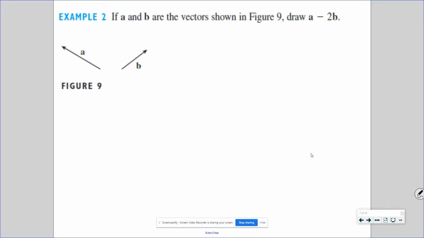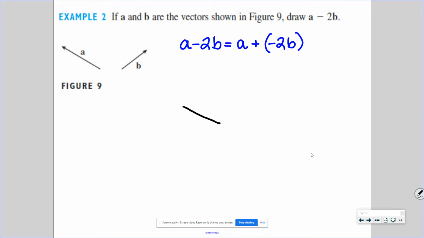Okay, so let's try an example. It says do a minus 2b. According to the directions, a minus 2b is what we're asked to draw, but that would be the same as a plus negative 2b. So let's get a drawn first. Let's draw a.